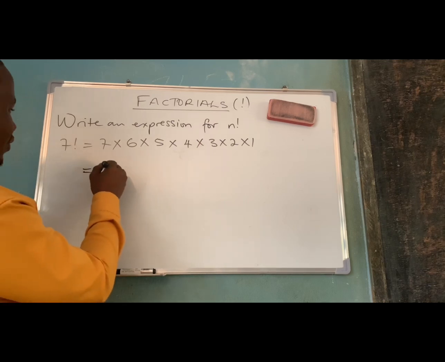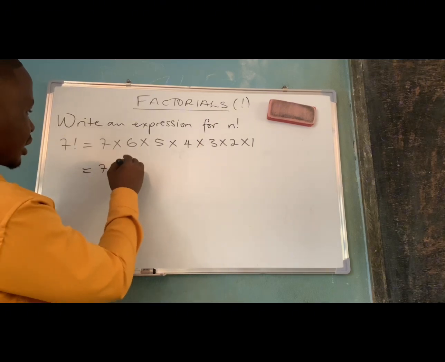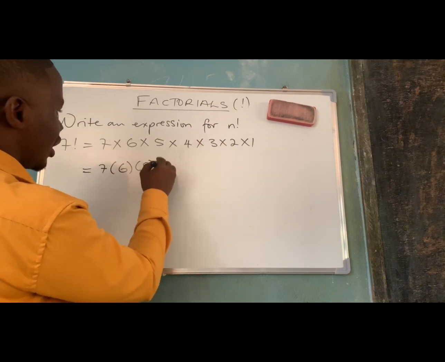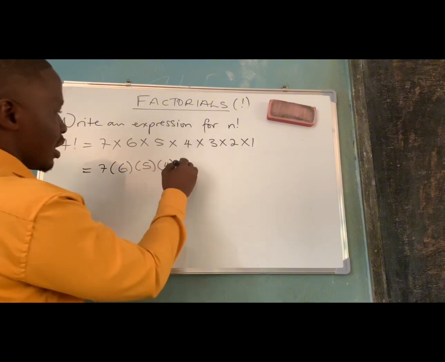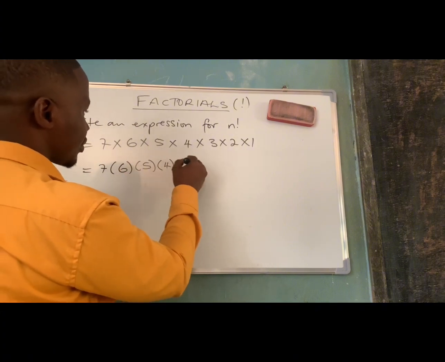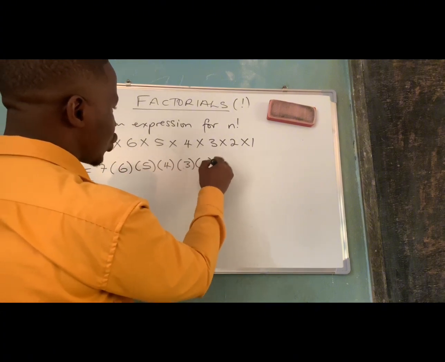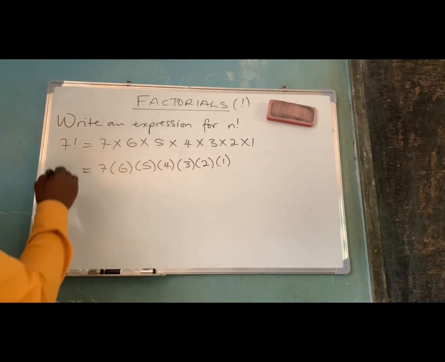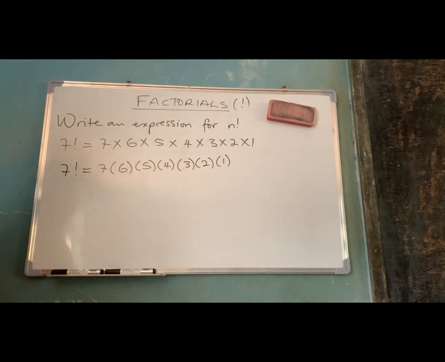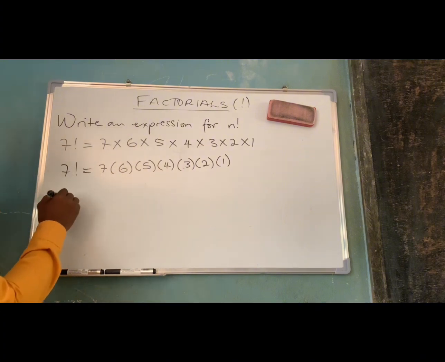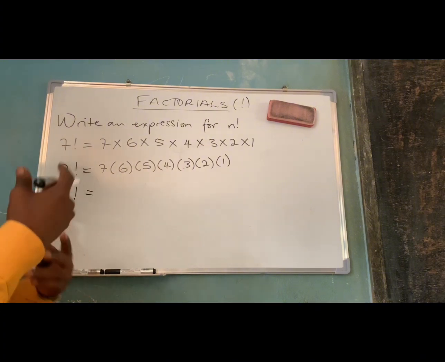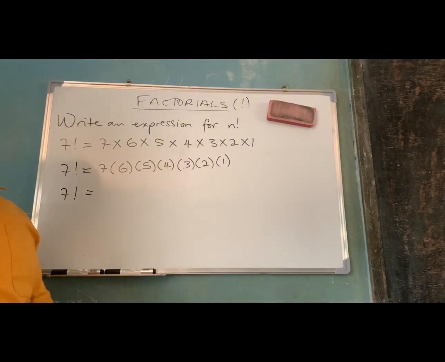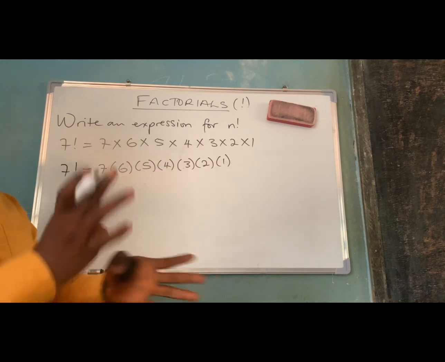We can say 7 (6)(5)(4)(3)(2)(1). So this is 7 factorial. It is the same thing we are writing, just in a different format.